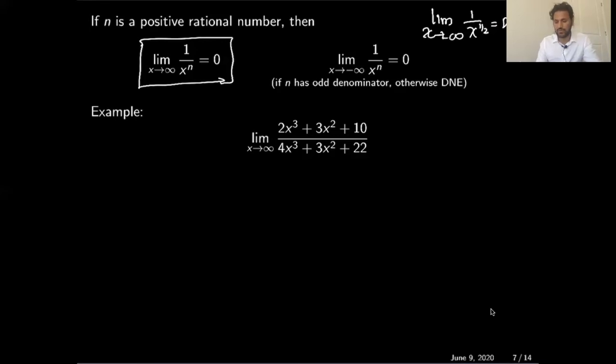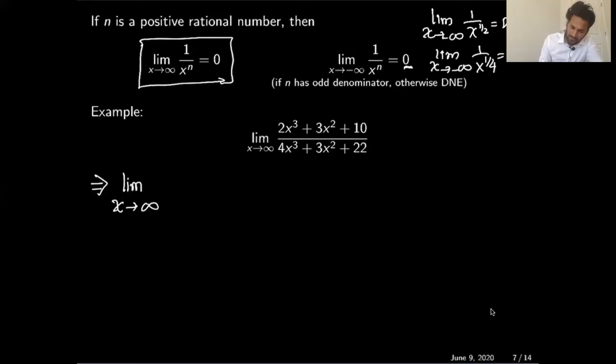As long as the denominator of your exponent is not even, you will get 0. But if it is even and x approaches negative infinity, that number is not defined, because the square root of a negative number is a complex number, which is not a real number, which is not defined in this class.